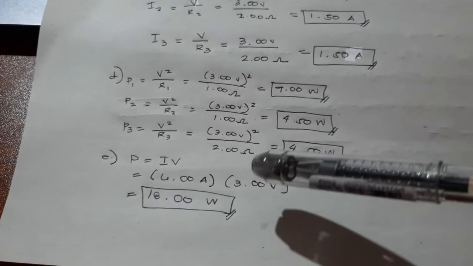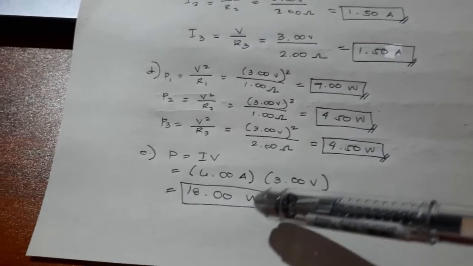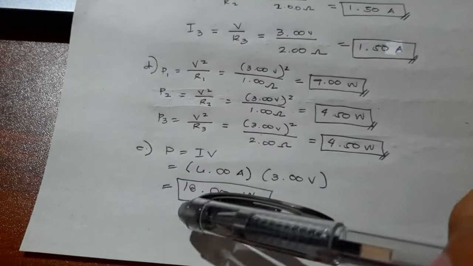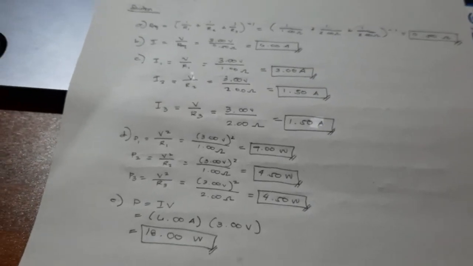So 6 ampere times 3 volts, the power is equal to 18 watts. Then that would be all.